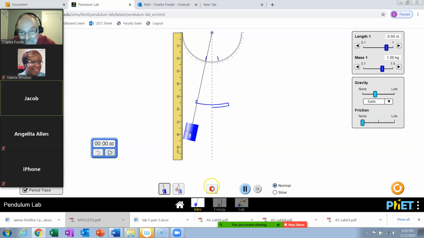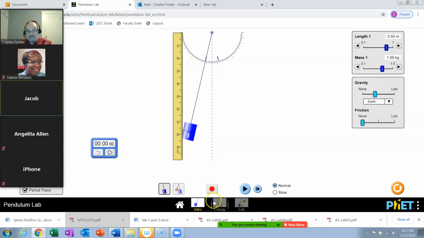Okay, looks like we're about 0.4 again. 0.04, I mean. Isn't that right about the right place? Maybe a little bit further. Okay, looks about right, doesn't it? 0.04 again.